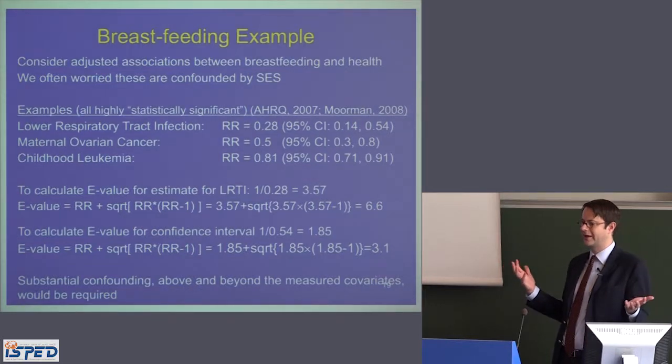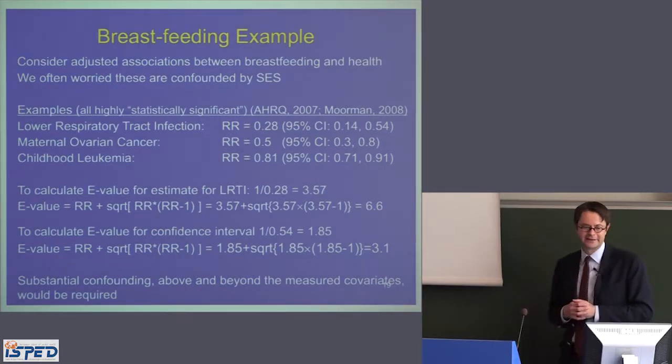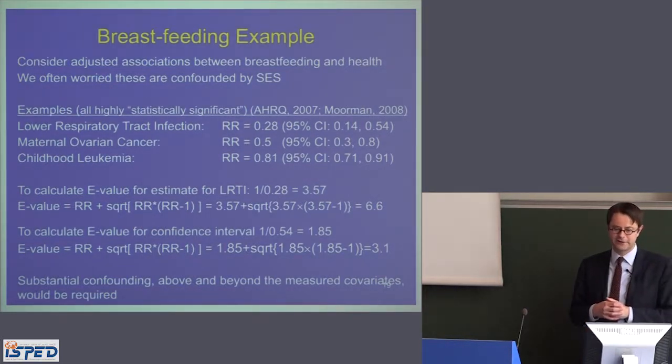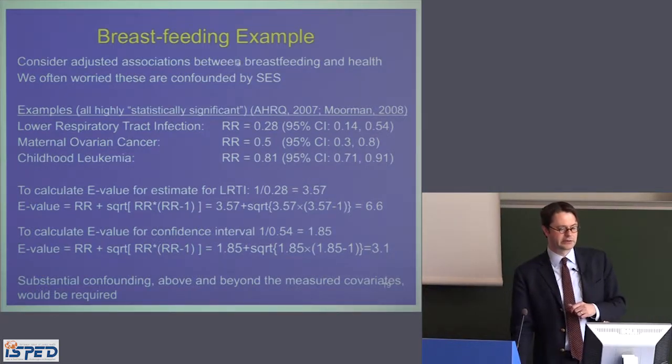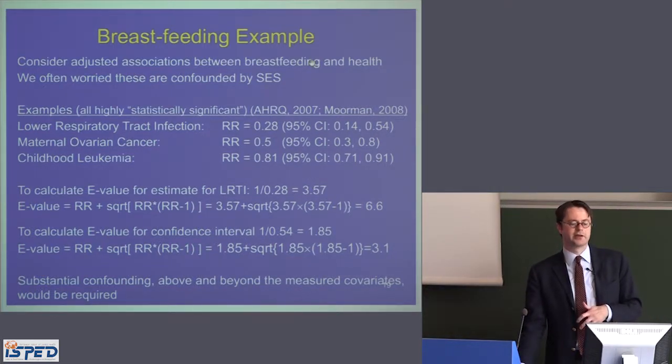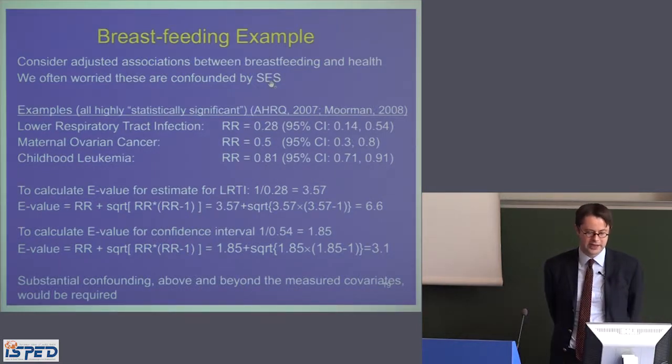OK, so let's look at some less extreme examples relating breastfeeding to subsequent maternal and child health. Again, the concern here is potential unmeasured confounding by socioeconomic status.